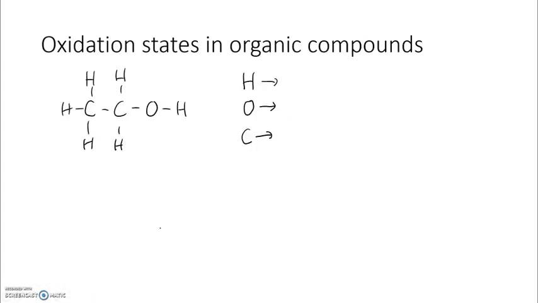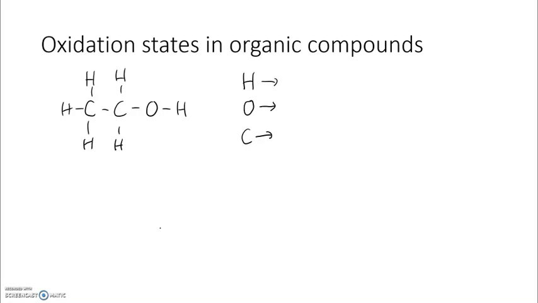Right, so first of all, oxidation states in organic compounds. If we've got an organic molecule, just like any other compound, we can consider the oxidation states of each element involved, and these are the theoretical charges that each element would hold per atom should every single covalent bond within the molecule be broken and electrons be transferred as per the rules of electronegativity.